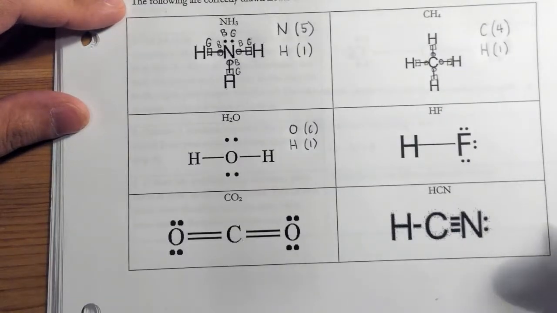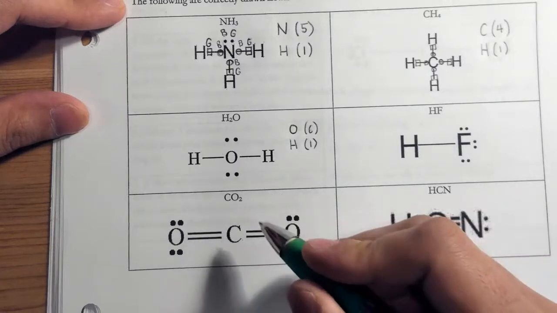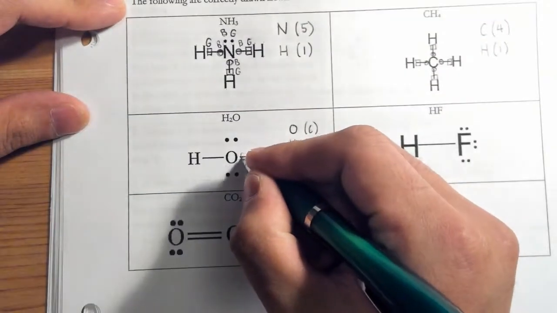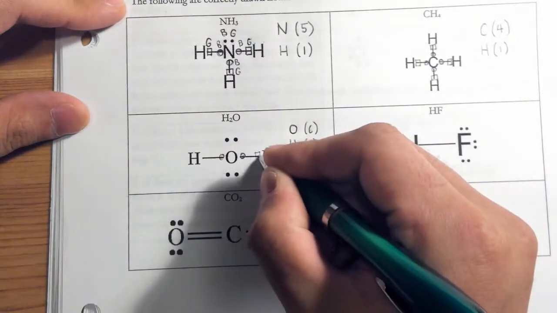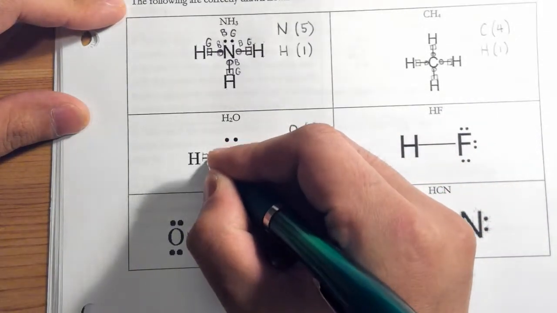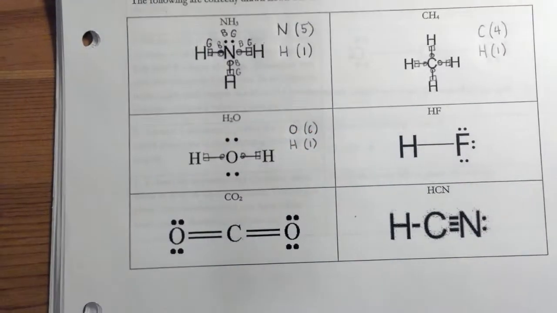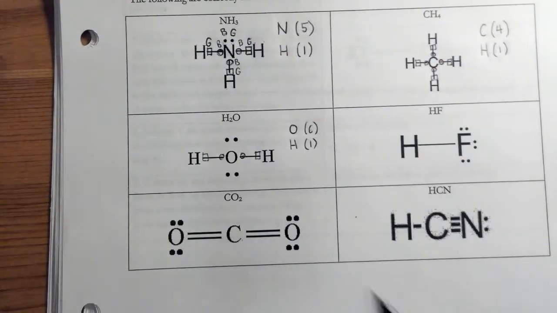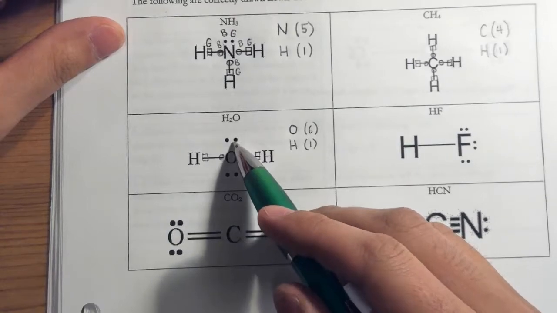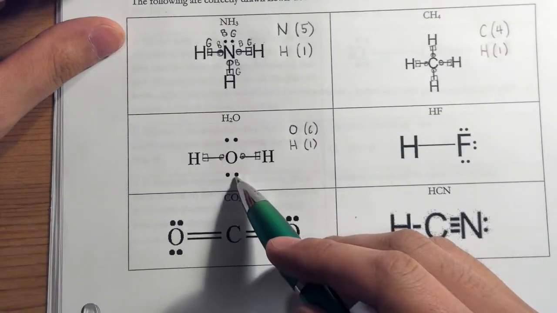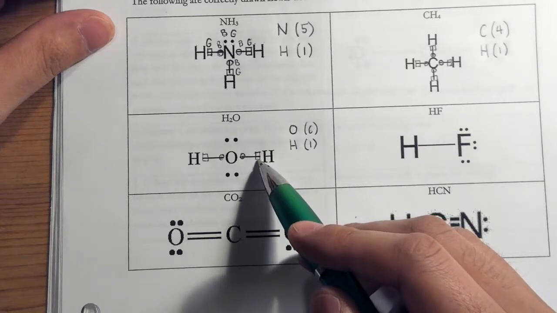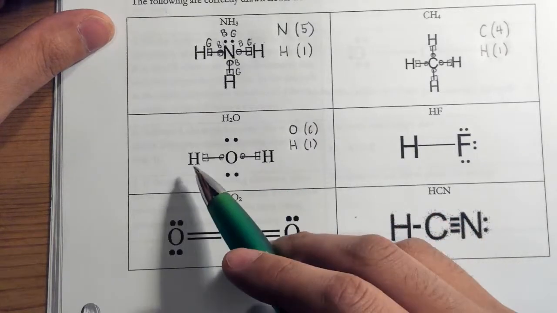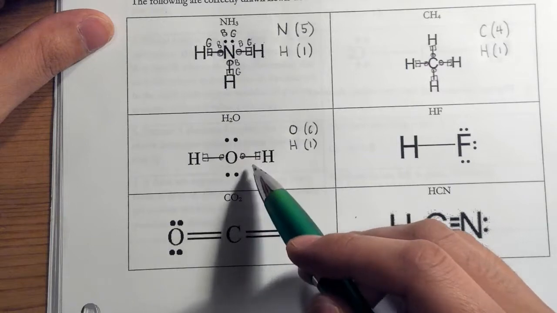So in this case, what we're going to do is circle the 1 for oxygen, and then put a square on the hydrogen. So overall, we can see that there are 6, 1, 2, 3, 4, 5, 6 valence electrons with 1 valence electron from each hydrogen. Alright?